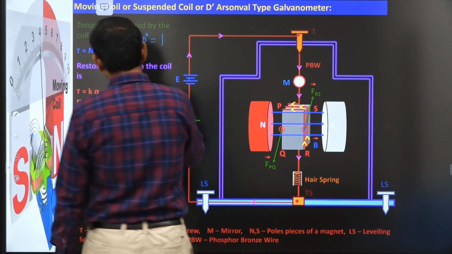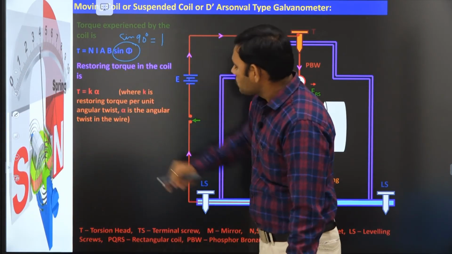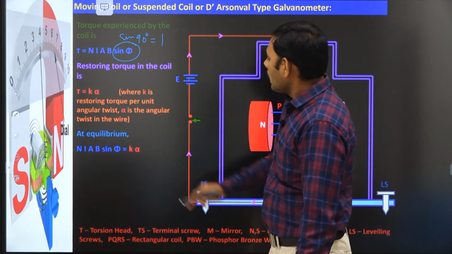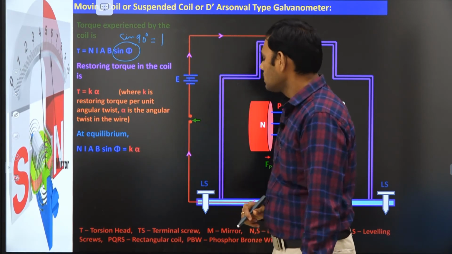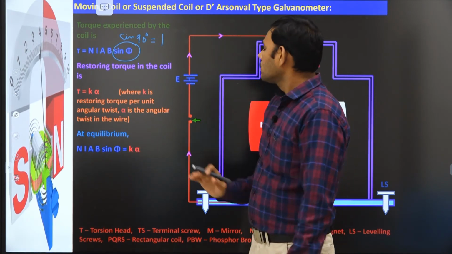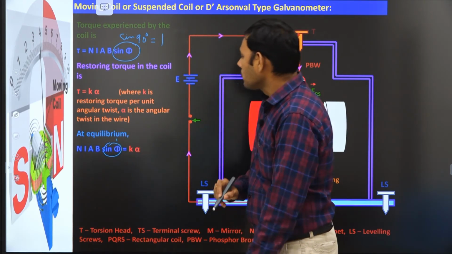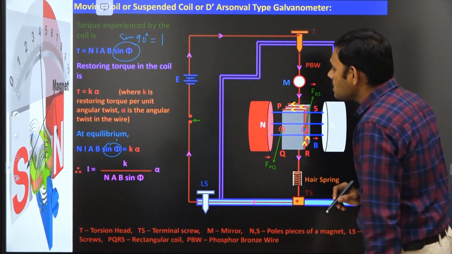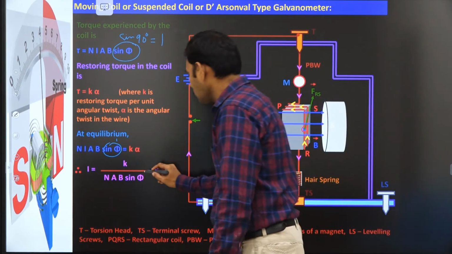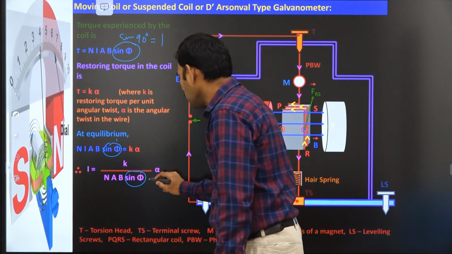Then at equilibrium we equate NIAB to K alpha, where alpha is the deflection of the needle provided to the coil. Then NIAB, of course sin 90 is 1, is equal to K alpha. Then I is calculated as K by NAB into alpha.